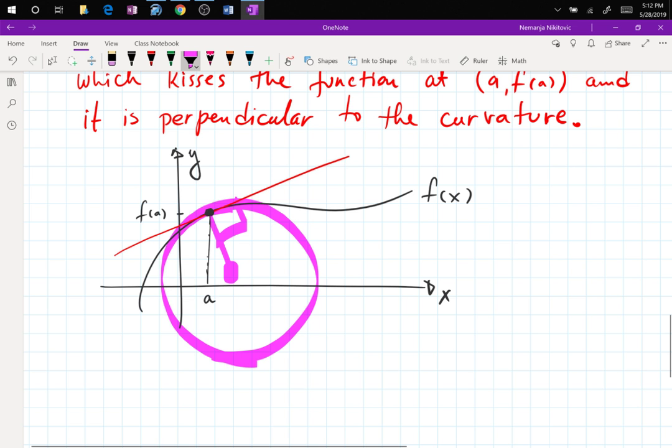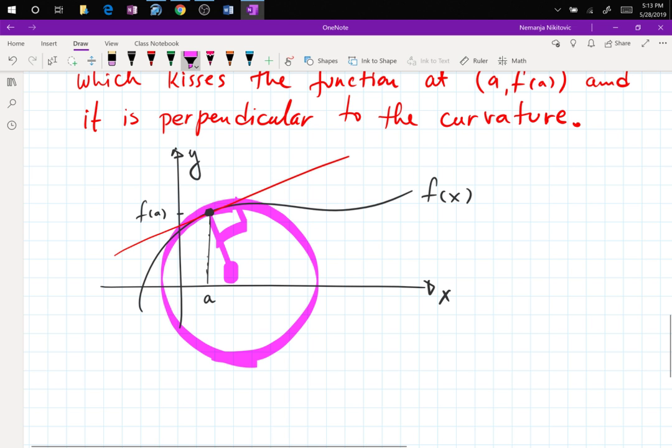So the steps are very easy. We have some kind of curvature. You pick a little bit to the left, a little bit to the right, and you fit the perfect circle of whatever size it needs to be. If there is a sharp turn, the circle is smaller. If it's a mild turn, the circle will be very large.